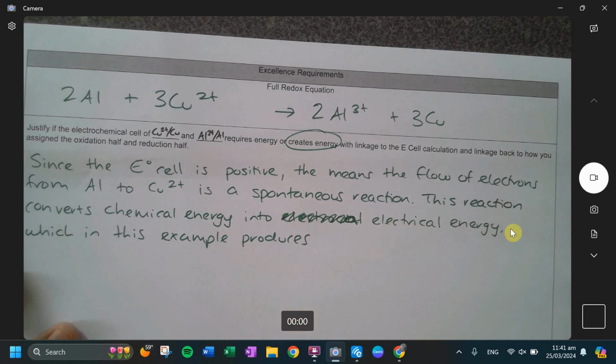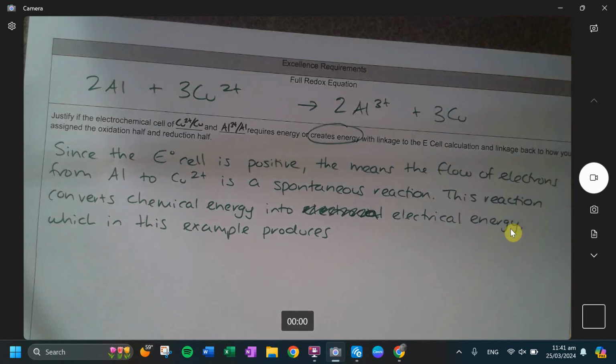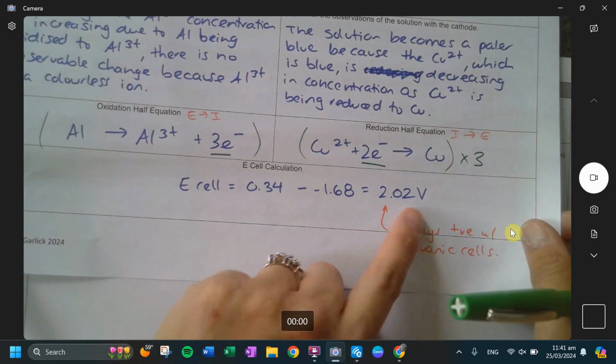So I'm also making sure that I'm clear that it's producing electrical energy, and I'm also stating the amount of energy that it's being produced. It's a nice little good backup in case you make a silly mistake. So if I want to know how much electrical energy it's producing, 2.02 volts.